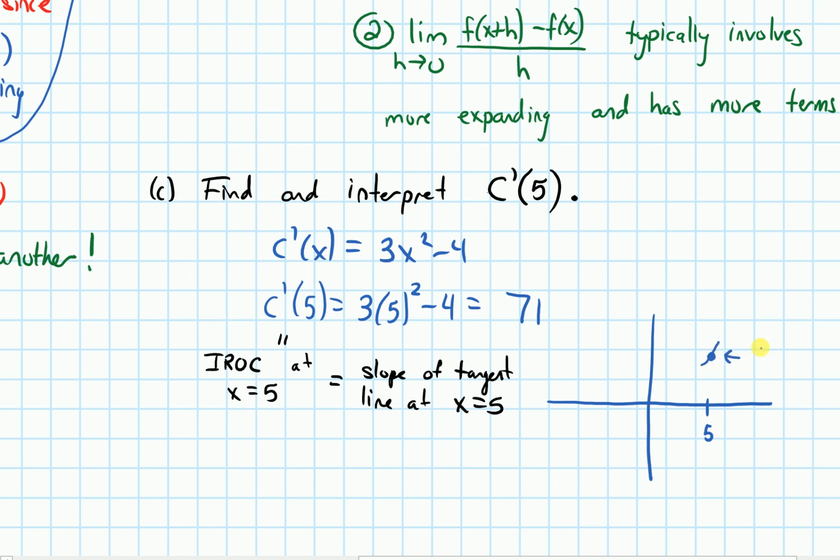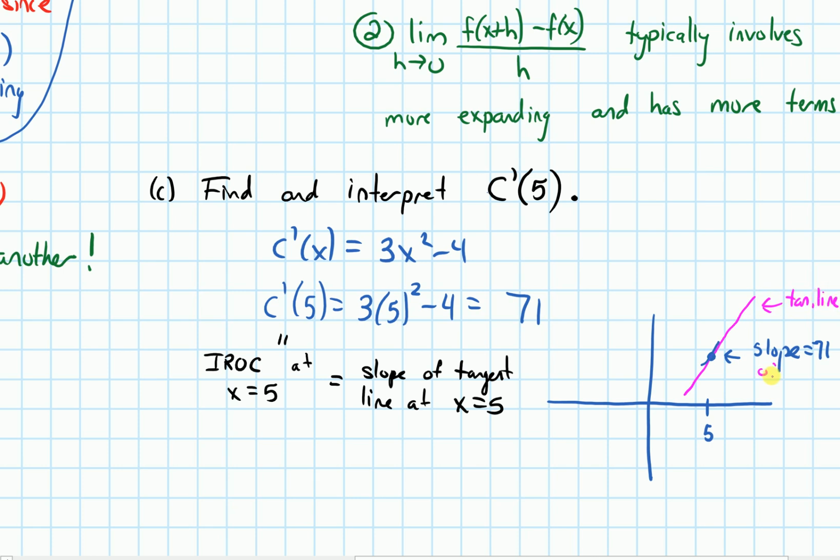Steep enough, in fact, that the slope equals 71. Technically the slope of the tangent line, but let me just write slope for the time being. So the slope equals 71. Now if I were to draw a tangent line here, this pink line is our tangent line.